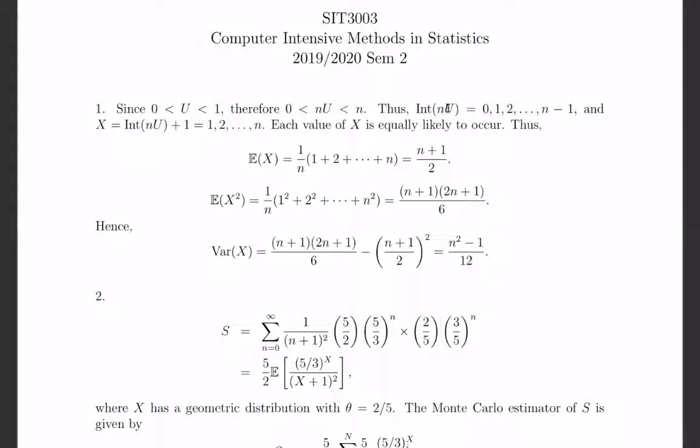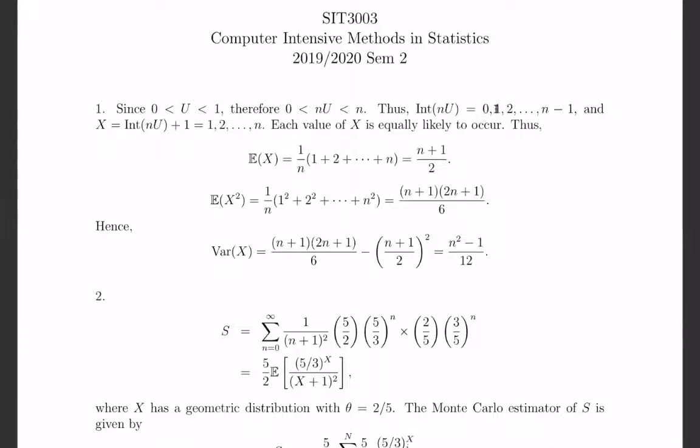Therefore, the integer part of NU is 0, 1, 2, 3 until N minus 1, right? Because the integer part is the part consisting of the integer. Like for example, you get 0.1, the integer part is 0, right? And you can't go until N, so the integer part will be N minus 1, right? So this is clear. And therefore, your X equals integer part of NU plus 1, it will range from 1 to N. All right?